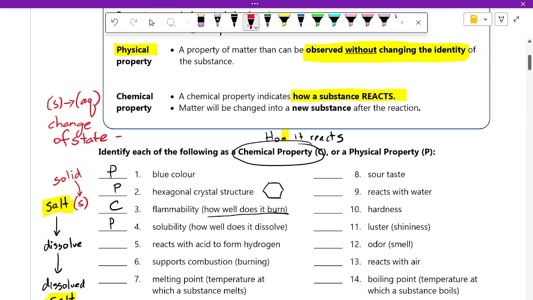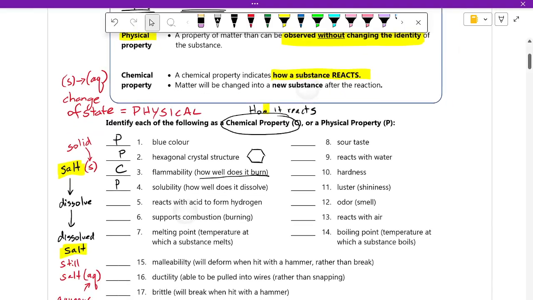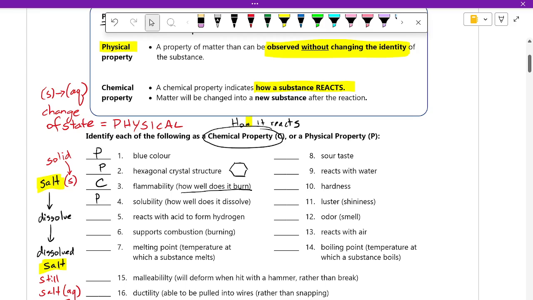Anytime it's a change of state, that is physical. So that one's a little bit complicated. When we're dissolving things, sometimes it looks like we're getting something new, but we actually have not gotten anything new.